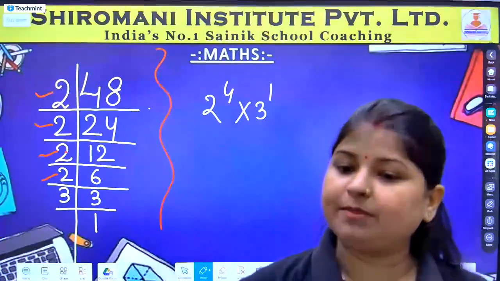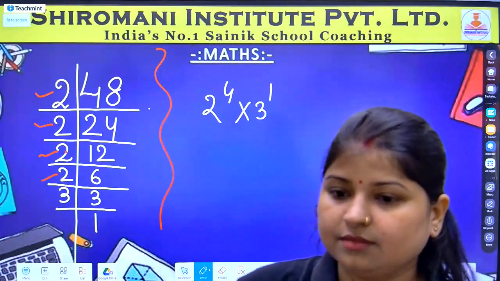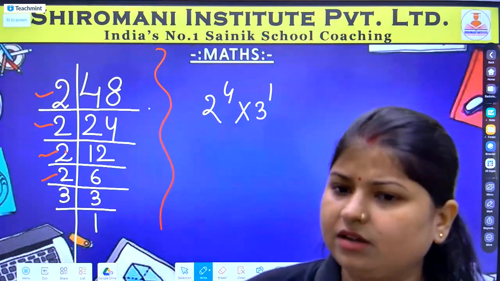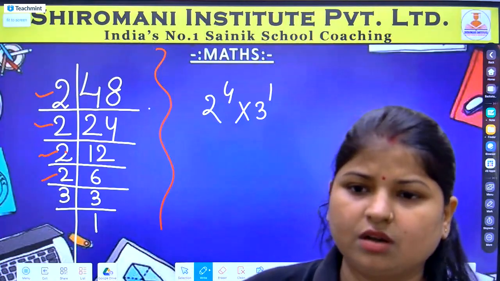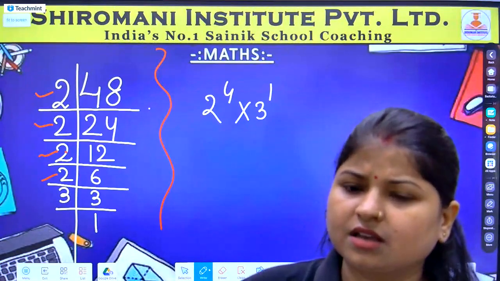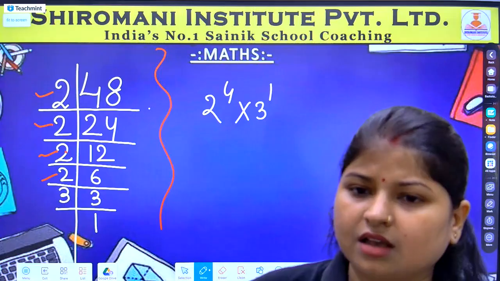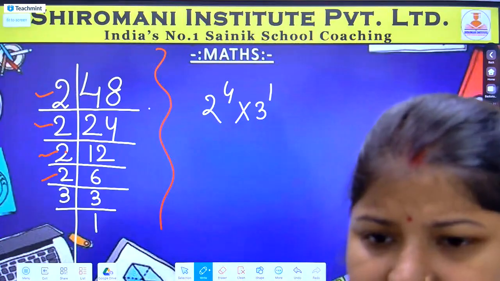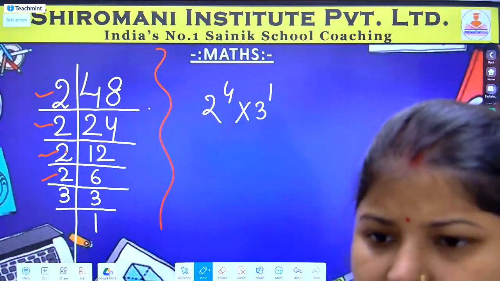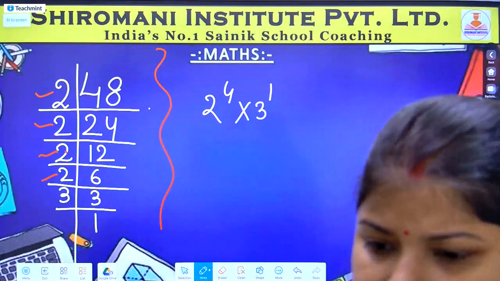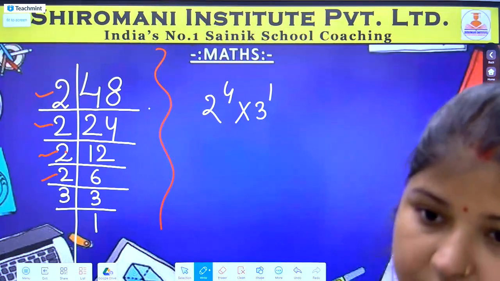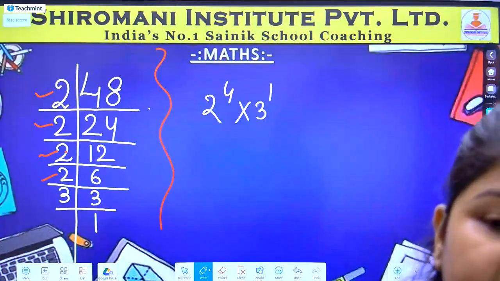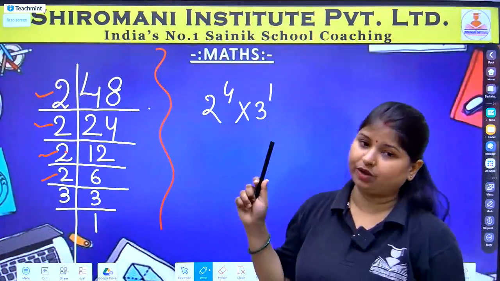Did you get it? Tell me yes or no. Who did not get it, beta? What you did not get? Ma'am, I did not get 2 plus 3. Beta, not 2 plus, it's written 2 into 3, okay?